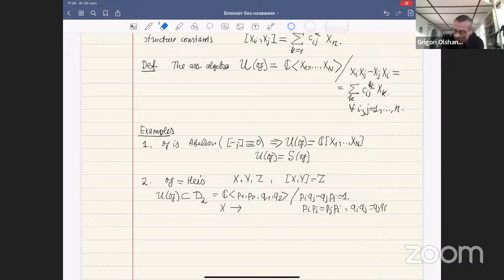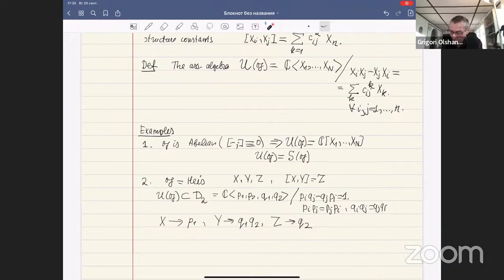And then you can set as follows. X goes to P1, Y goes to Q1 P2, and Z goes to Q2. And one can verify easily that this element commutes with this and with this.